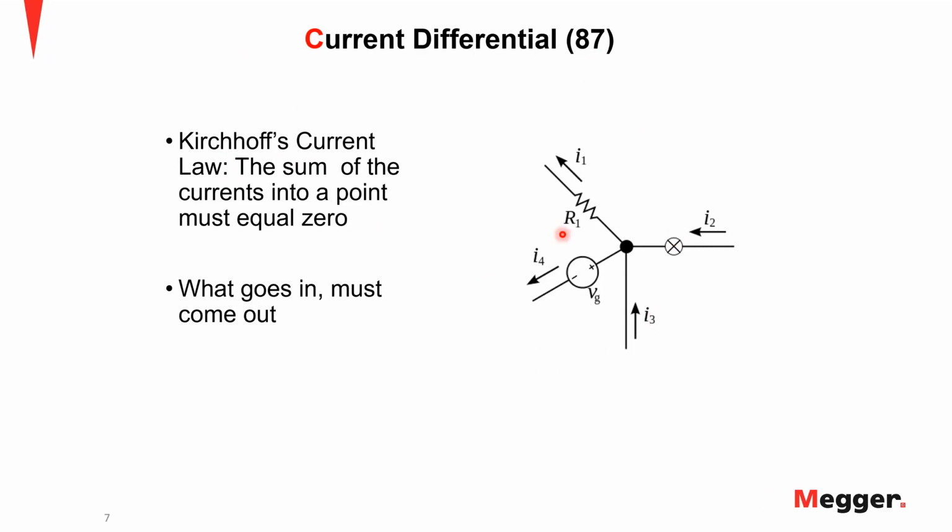So if you look at this diagram here, the currents that are entering this node should be equal to the currents that are leaving this node, right? If there is a difference on this side versus the side that the currents are leaving on, you would see a difference in currents from one side to the other. In that case, we can say that the differential condition exists. So current differential works on this principle.